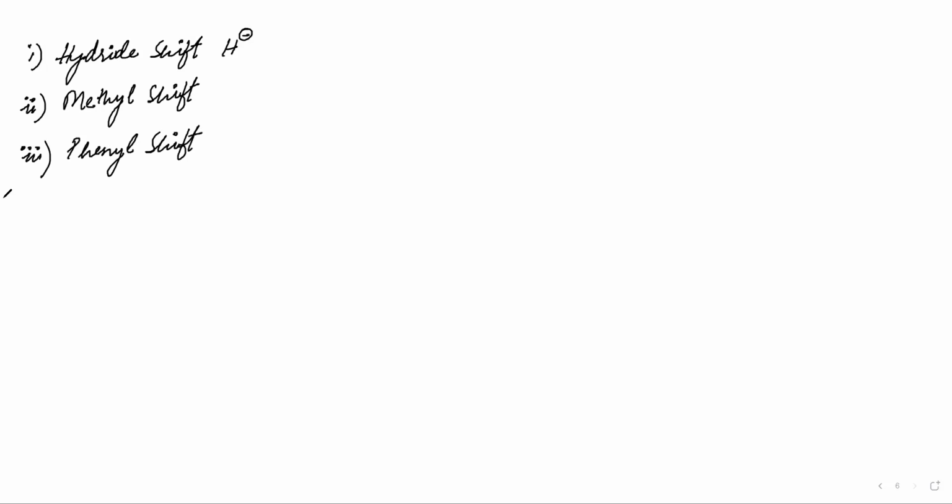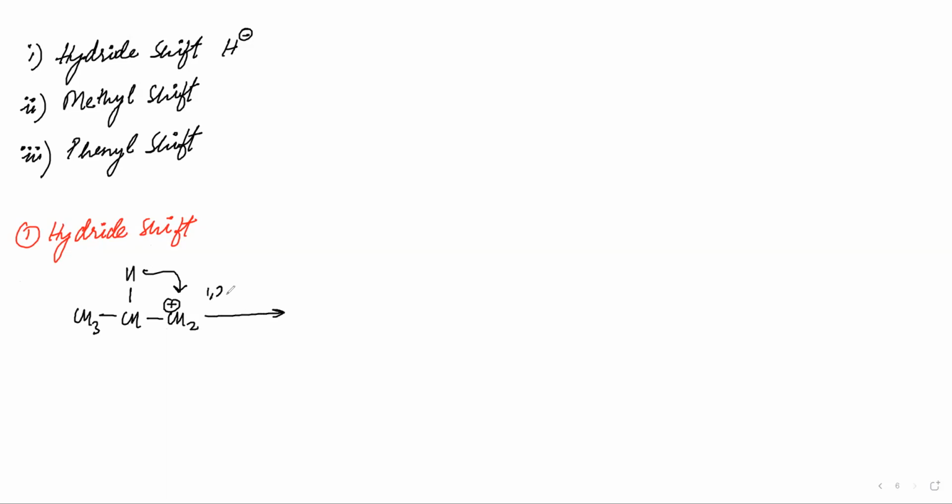So the first one is hydride shift, with an example. I will take the same example that I took in the previous slide, CH3, CH2, CH2, and a positive charge. Now let me erase this one H, and I can write it here like this, and I can move it here.